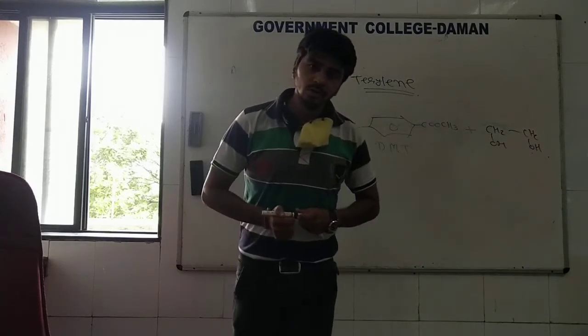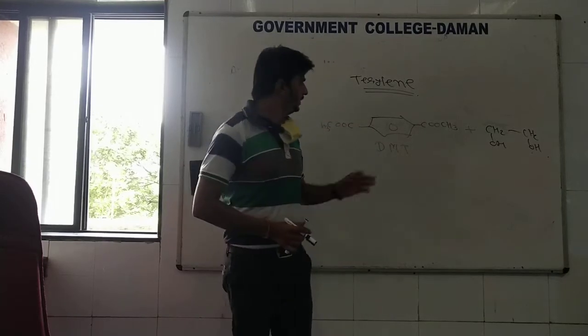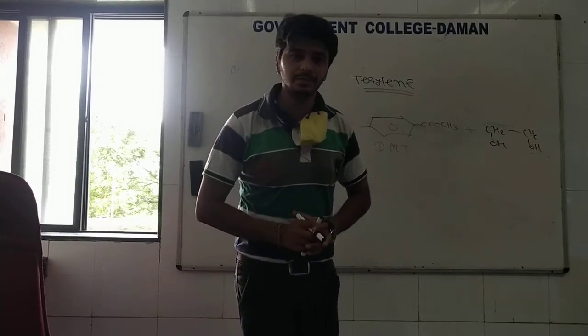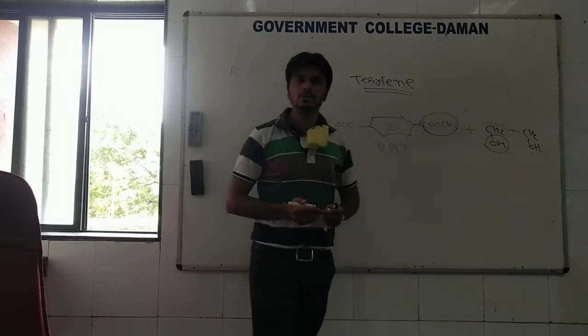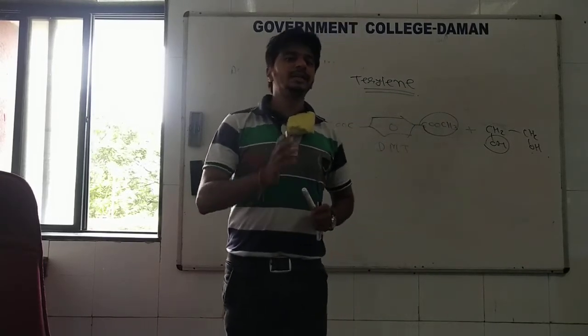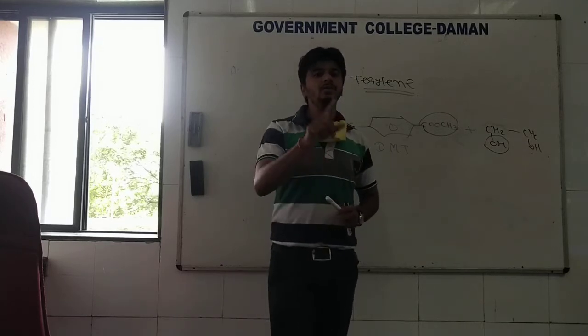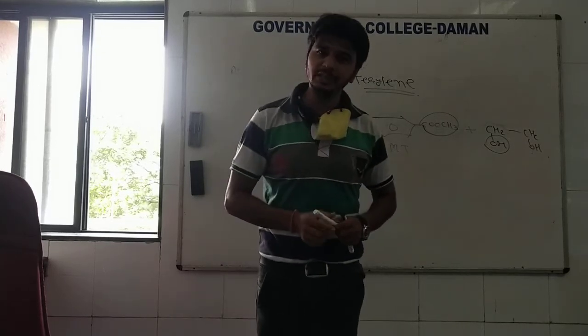Ethylene glycol. So what happens here? It is a very simple condensation reaction between the ester functional group and the alcohol functional group. The reaction of alcohol and acid is known as an esterification reaction.